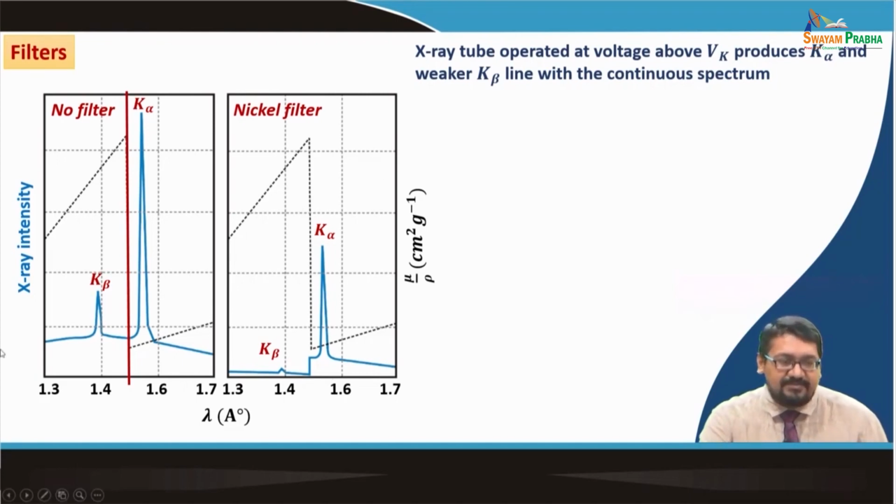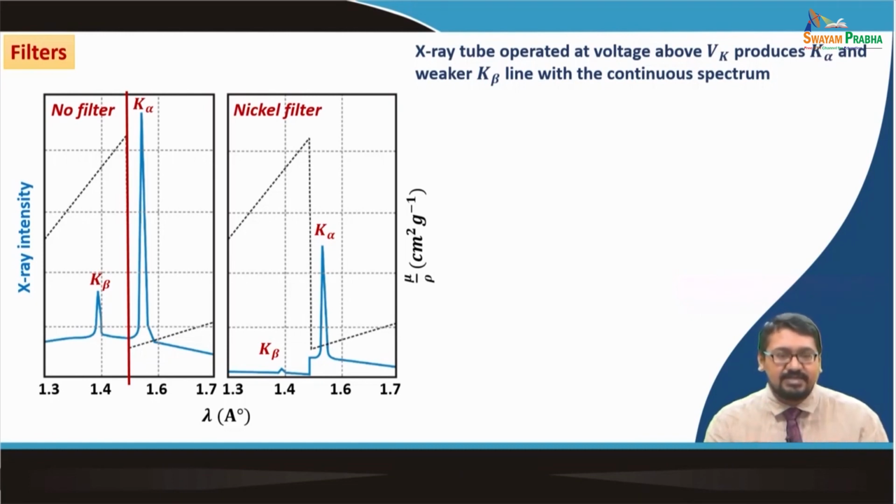So, you see that if an X-ray tube is operating at a certain voltage Vk and it is producing K alpha and K beta radiation, and it is also producing definitely the continuous spectrum, but as I said in the earlier classes, as the voltage of the X-ray tube containing cathode and anode is increased, the electrons from the cathode reach the anode, and the intensity of the continuous radiation keeps on increasing as the voltage is increased, right.